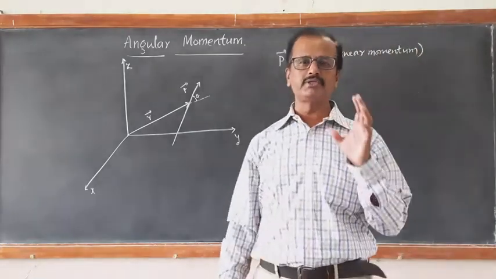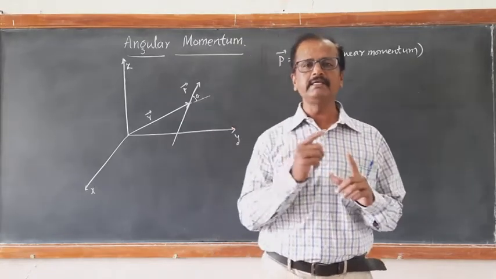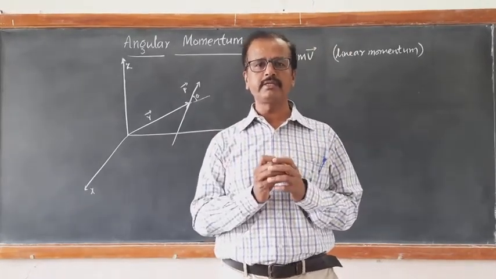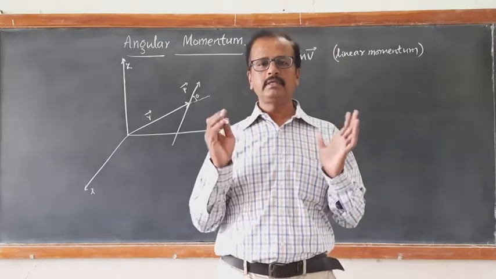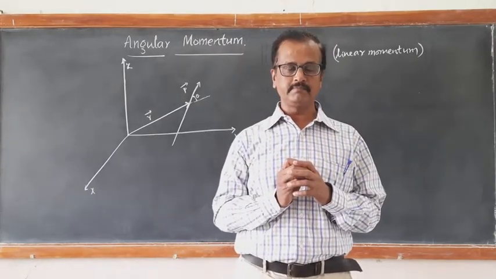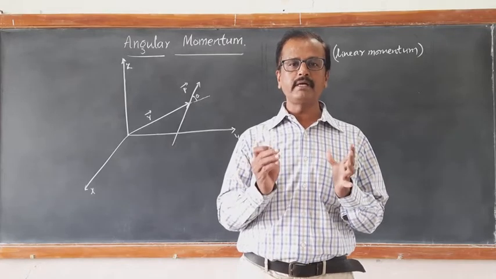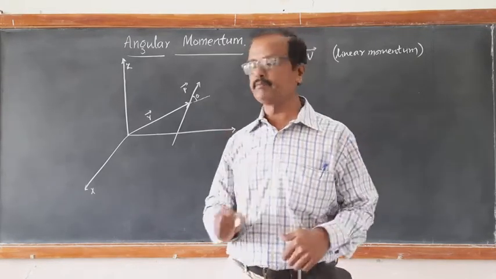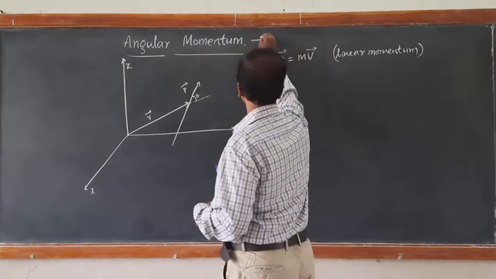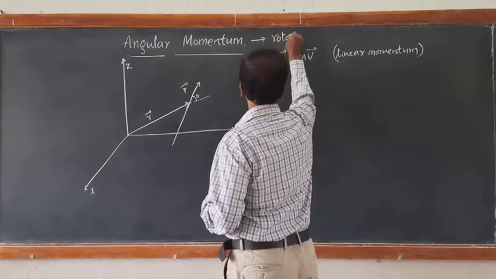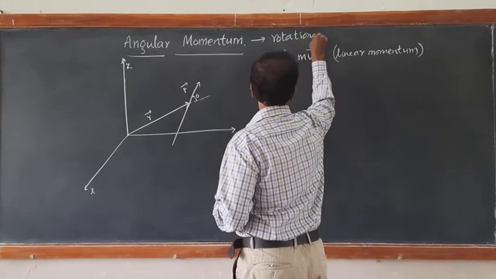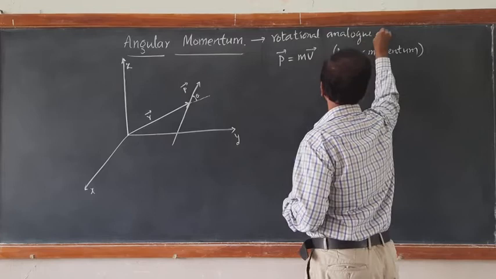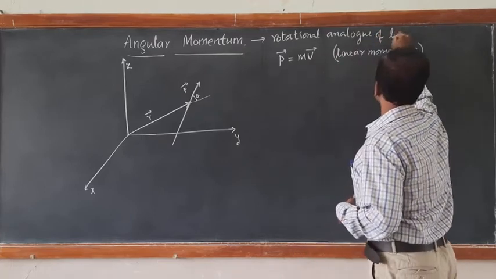Angular momentum comes into picture when the particle is in rotational motion. When the particle is undergoing rotational motion, then we speak of the angular momentum. So angular momentum is the rotational analog of linear momentum.